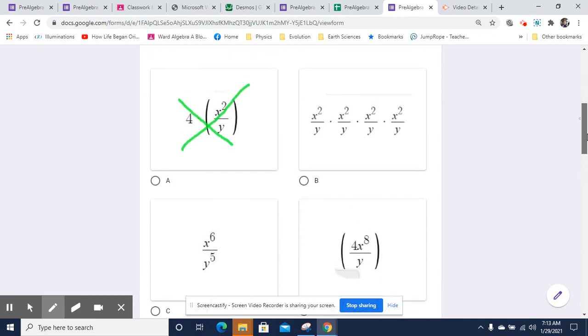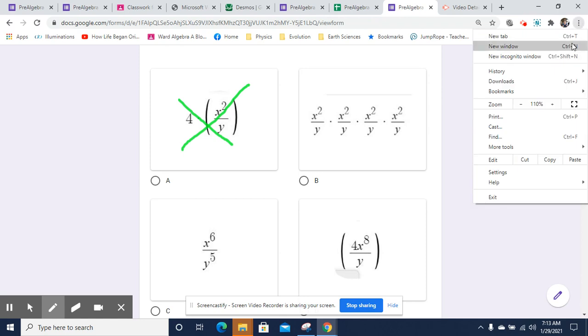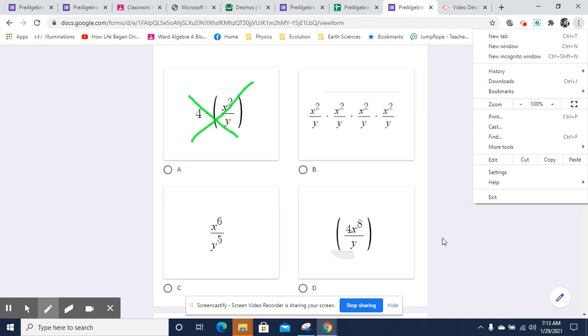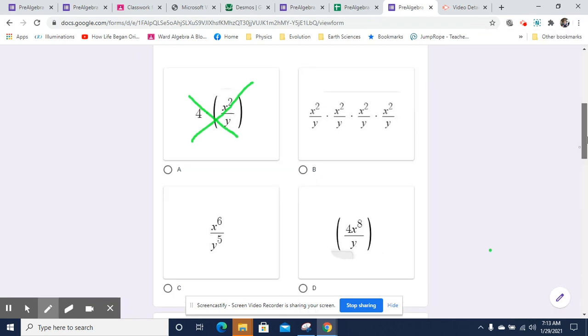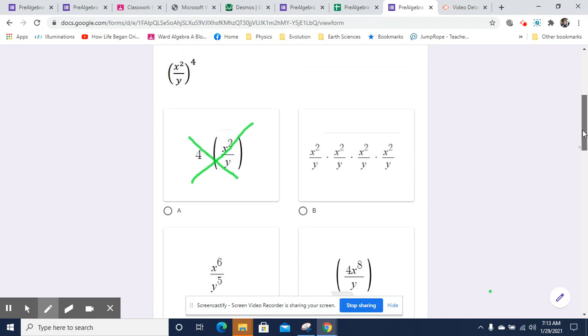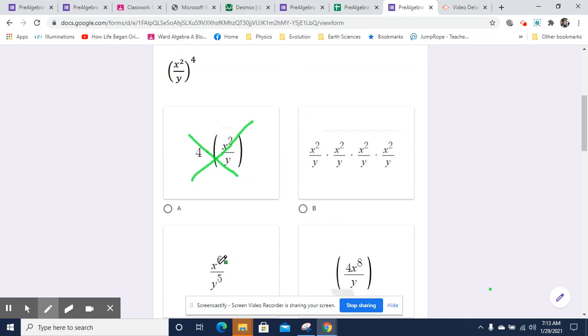I'm going to zoom back out a little bit so you can see everything. Okay, so now this is saying x to the 6th over x to the 5th. So what it looks like we did was we added 4 to 2, and then we treated this as y to the 1st, which it is, and then we added 4 to that.